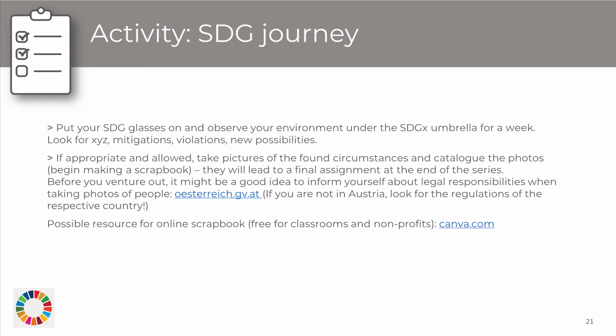And also for new possibilities, how you might think of it. It asks you to go out into your own environment and check it all out, and then document what you're finding. And the last SDG set, 17, will then ask you to wrap it all together.